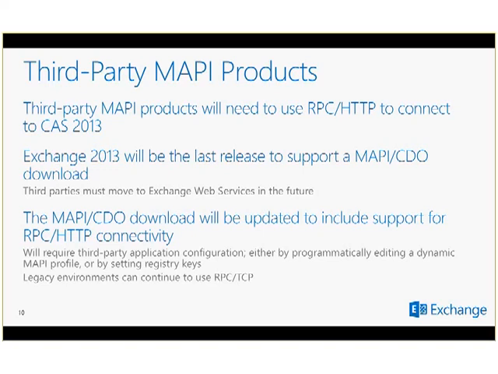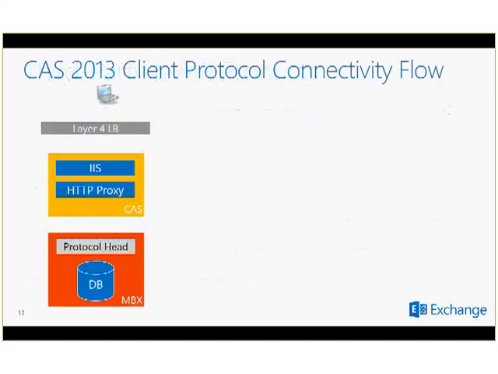So a little bit more about client connectivity flow. In this example here, we see our layer 4 load balancer, and a client connection comes in HTTP. And I want to be very clear that when we say a layer 4 load balancer, this does not mean you need to do IP affinity, right? We don't care about source IP so much.